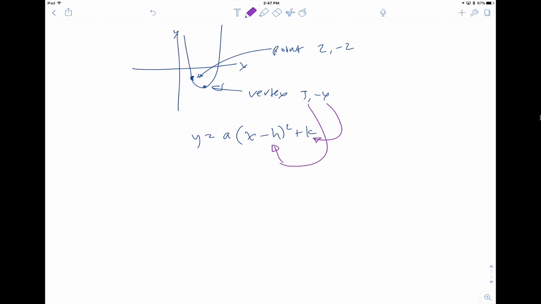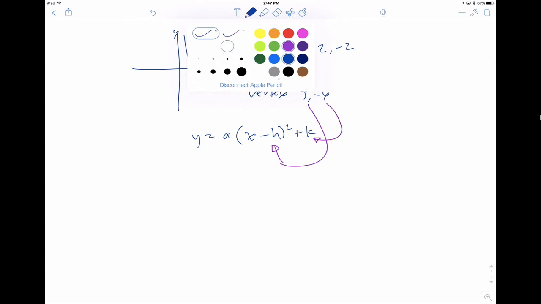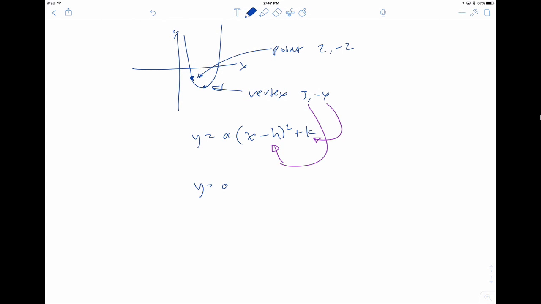So we plug in those two numbers first of all. Y equals a onto x minus the horizontal translation squared plus the vertical translation, which was minus 4, so plus minus 4 like that.